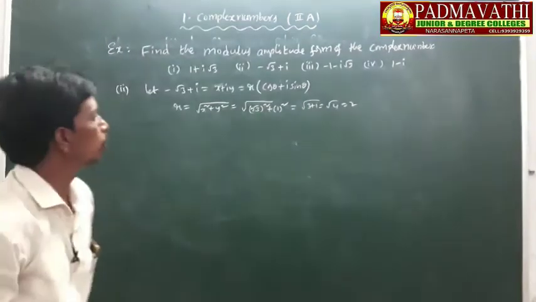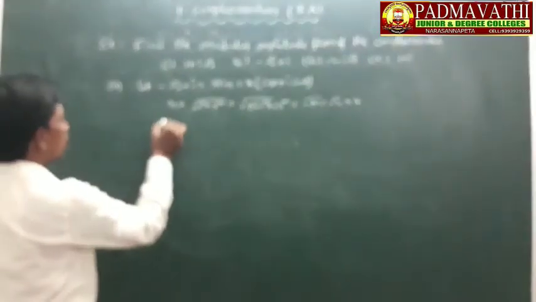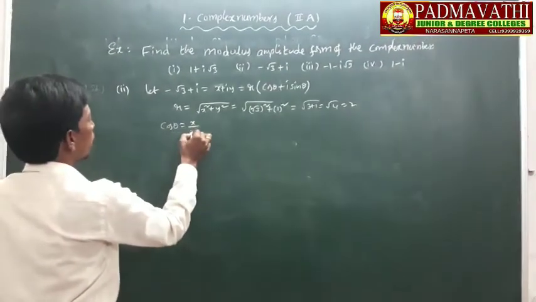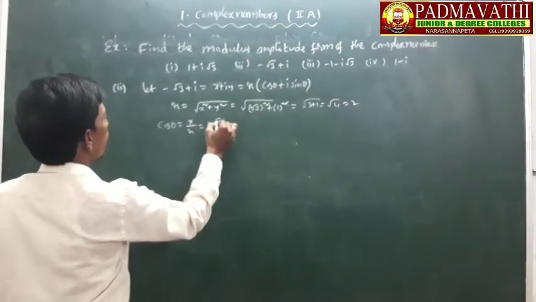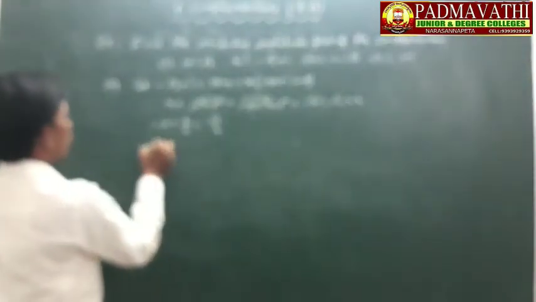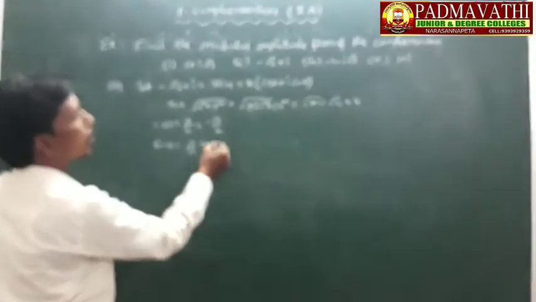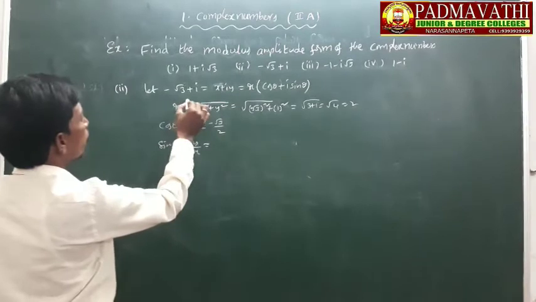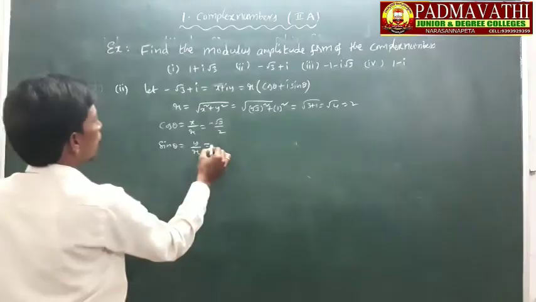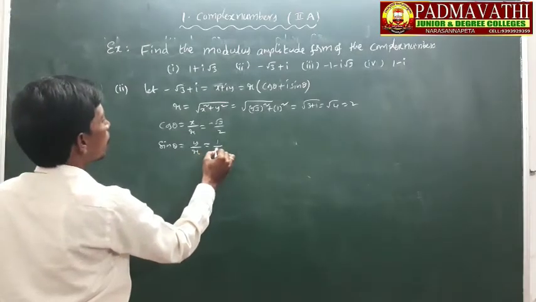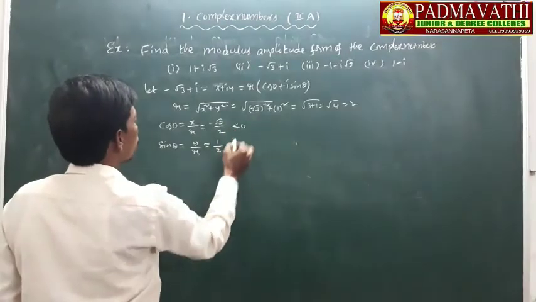Again r equal to 2. Now cos theta, x by r, that is minus root 3 by 2, sin theta, y by r, that is 1 by 2. It is negative to positive.